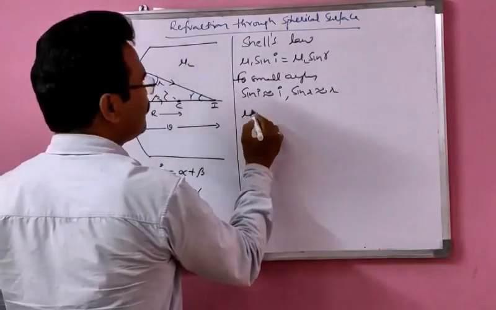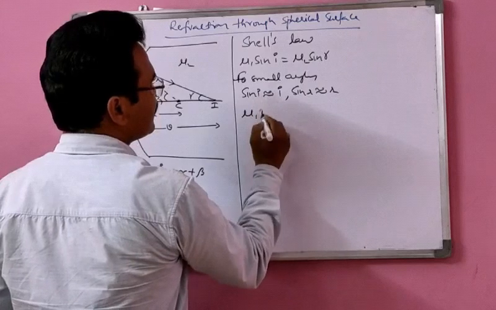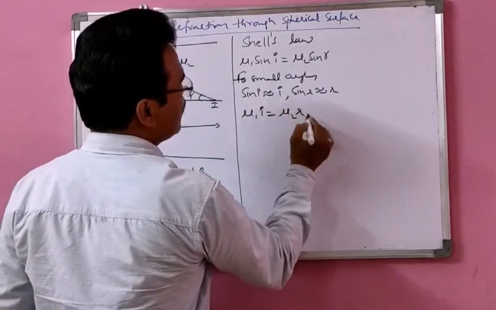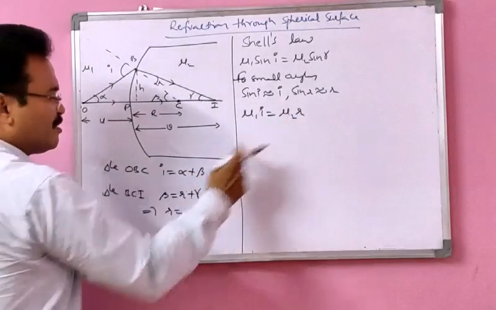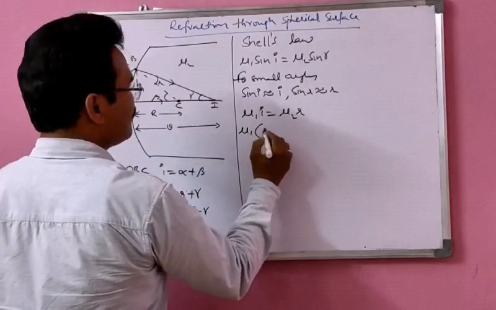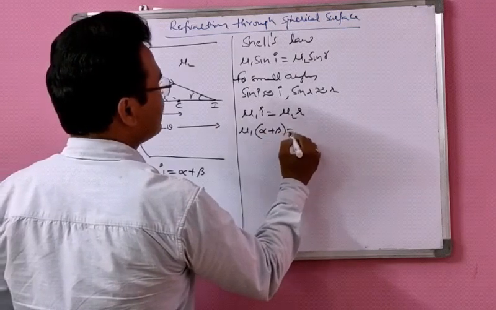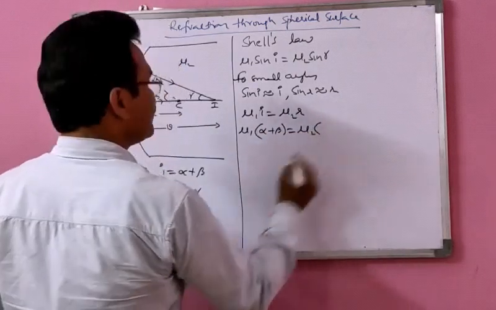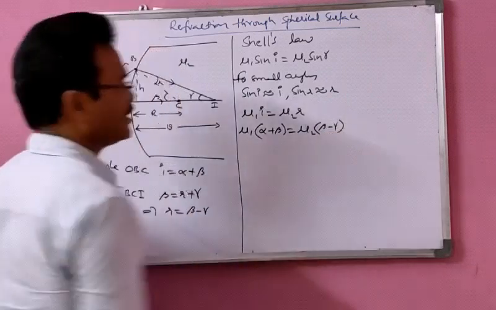So we get mu1 i equals mu2 r. Substituting the i and r values from above, we get mu1 of (alpha plus beta) equals mu2 of (beta minus gamma).